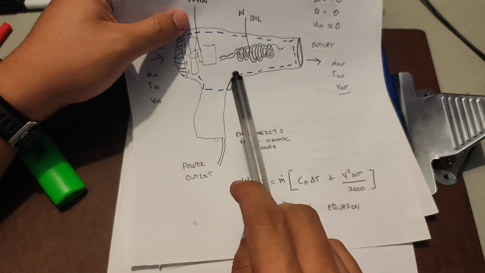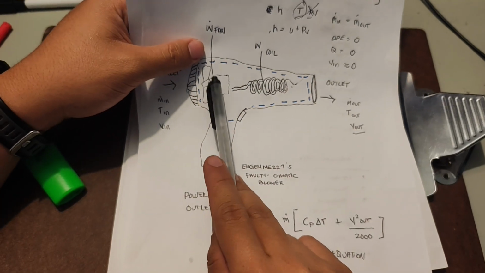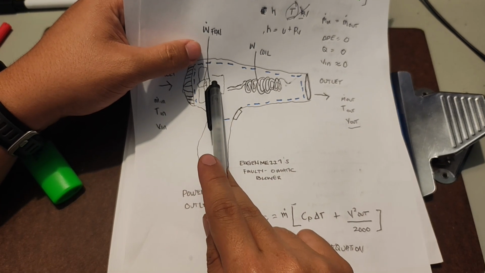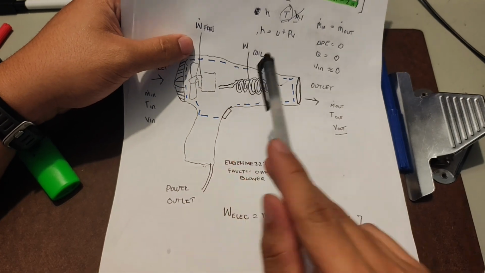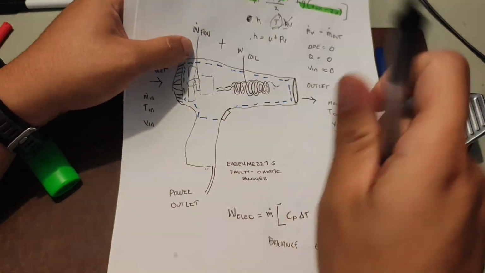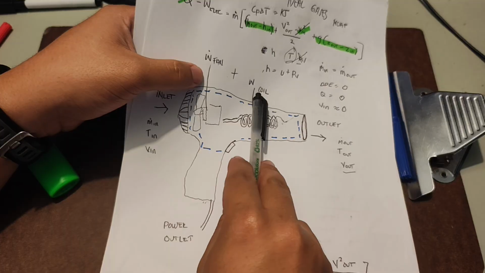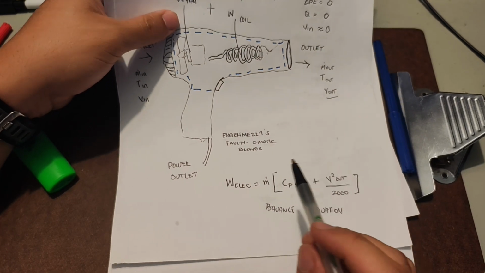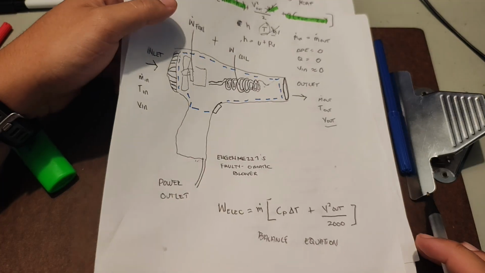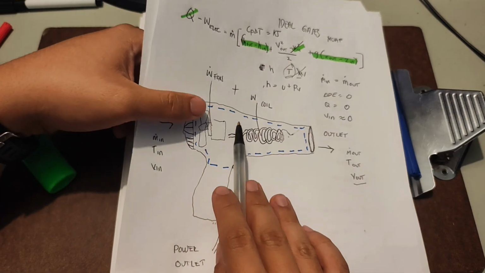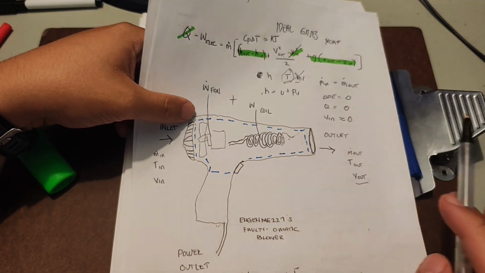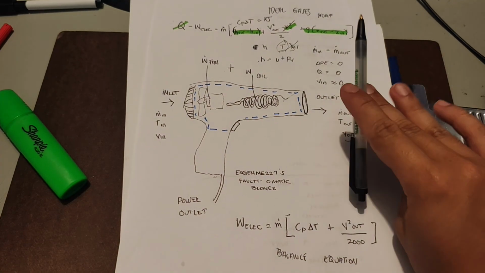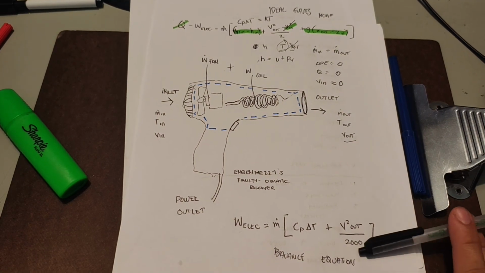Since we are not computing how much energy we're spending on the fan and on the coil, we just regarded that we are adding both of these to get this W electricity. So we're just assuming that we are merging them together as a unit power of 1. So there we go. So this is most probably how it's gonna look like in your paper.